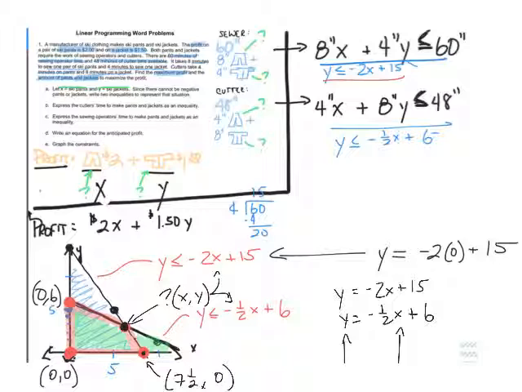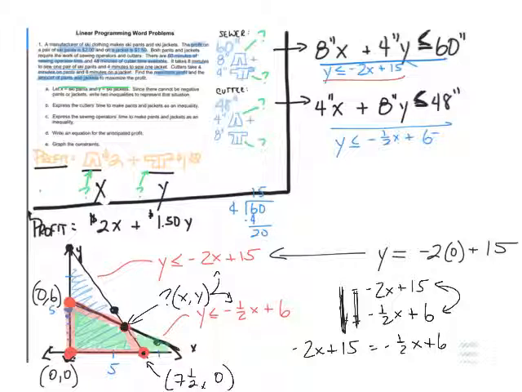And the easiest way to do it is solving a system of equations. At that point, the y's are the same and the x's are the same. So if these two y values are the same, then those two equations are equal. Negative 2x plus 15 is equal to negative 1/2 x plus 6.